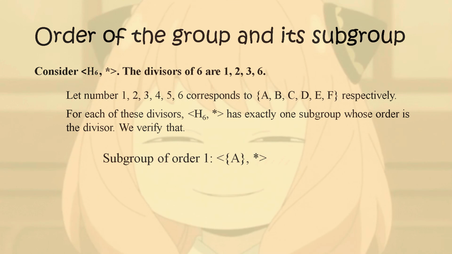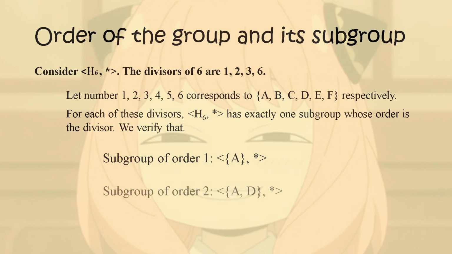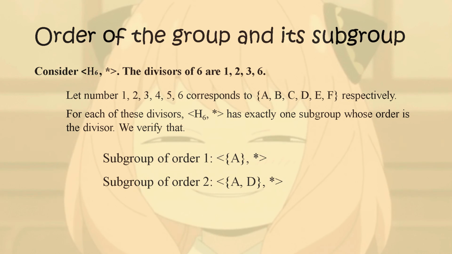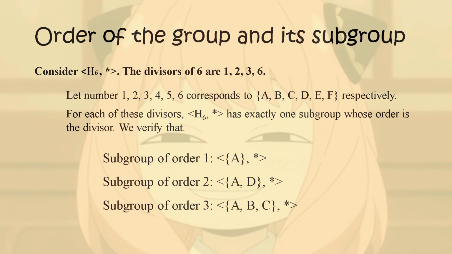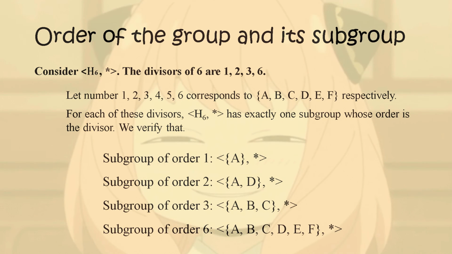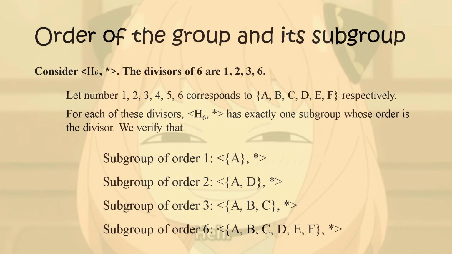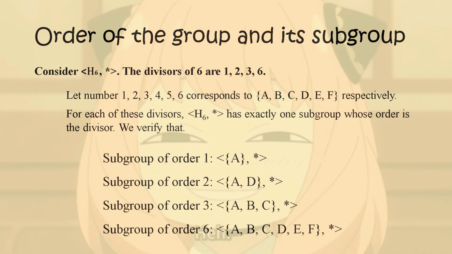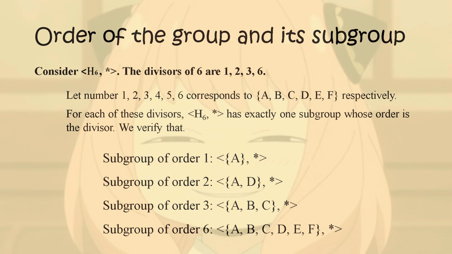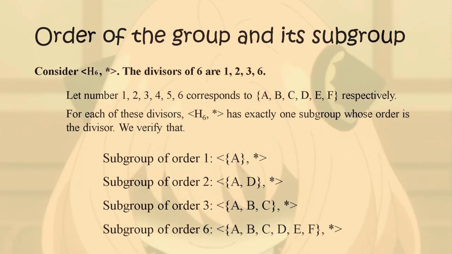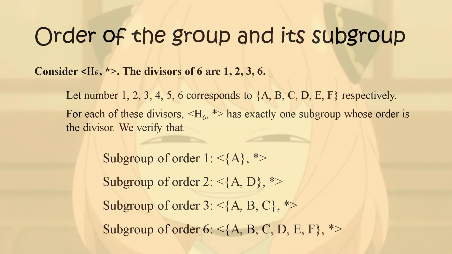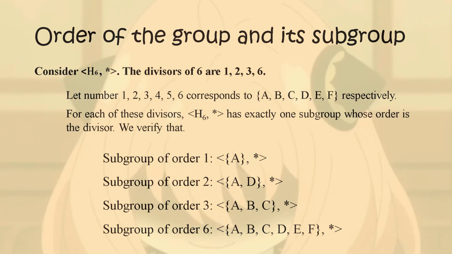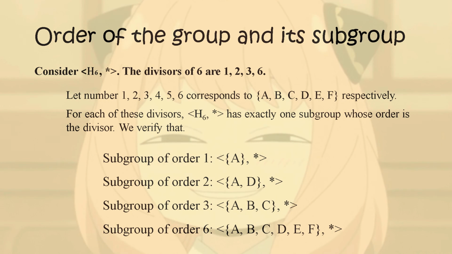As you can see on the list, the subgroup orders are based on the divisors of 6, which is the number of elements in the group. So for example, for order 1, we have only one element in the set. In order 2, we have 2 elements in the set. In order 3, we have 3 elements in the set.